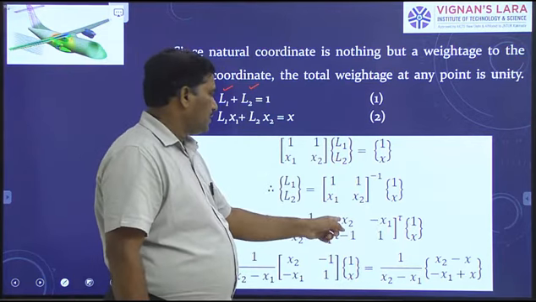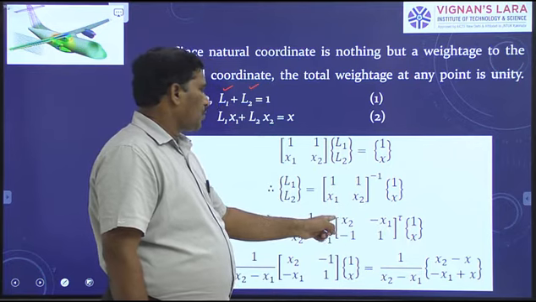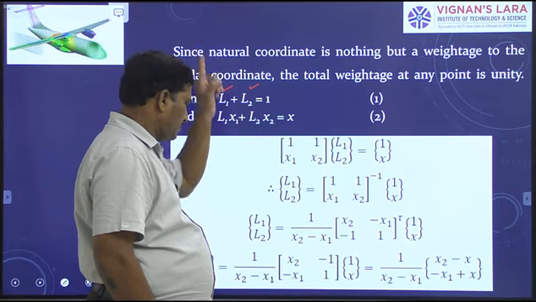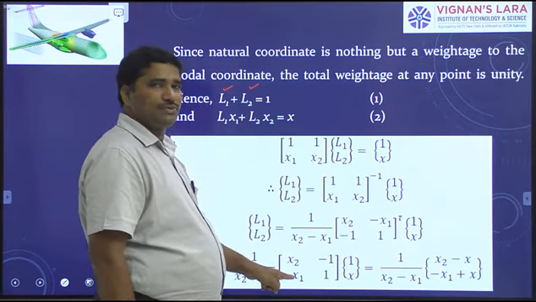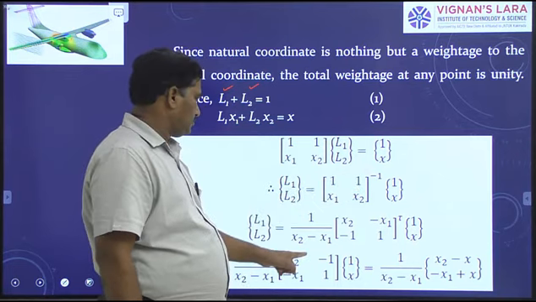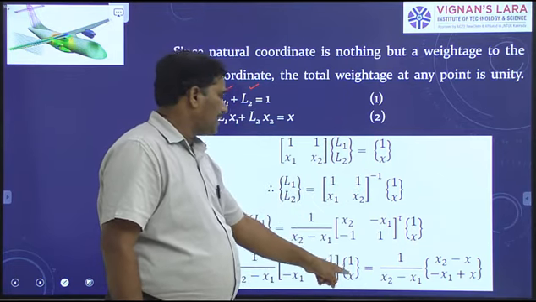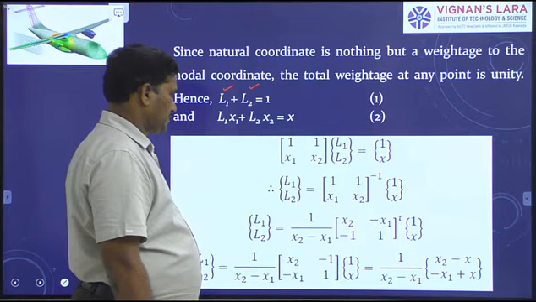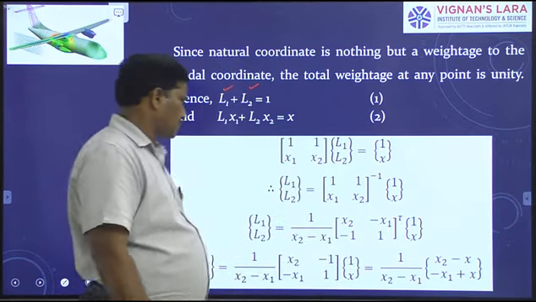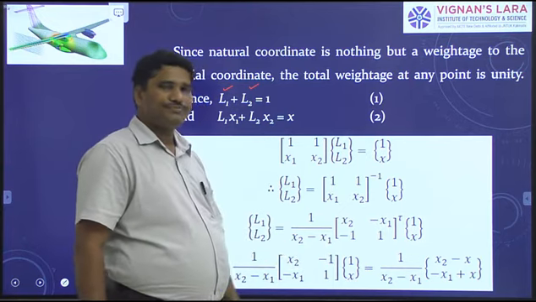So the row of elements x2 and minus x1 becomes a column, x2 and minus x1, and minus 1 and 1, into a column matrix with elements 1 and x.